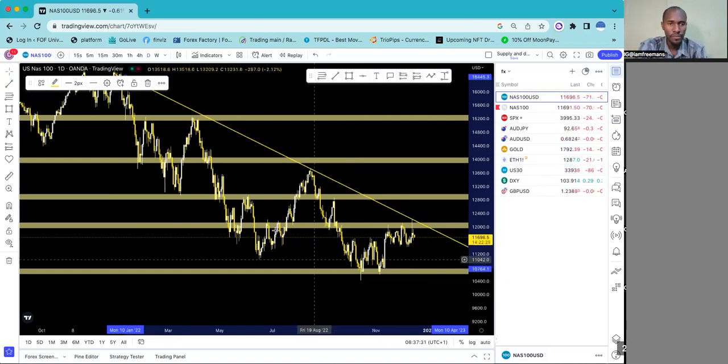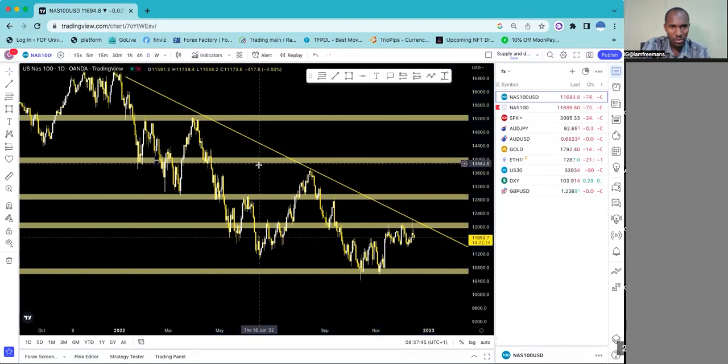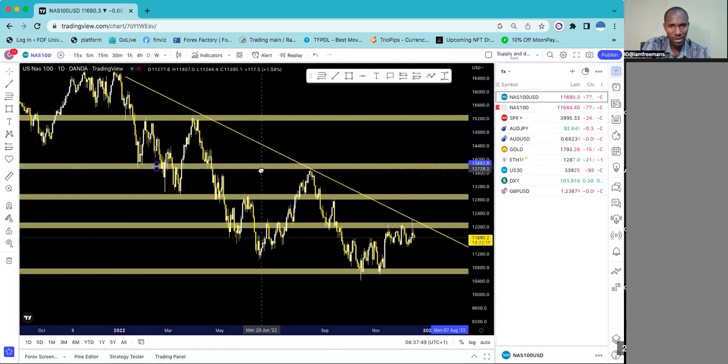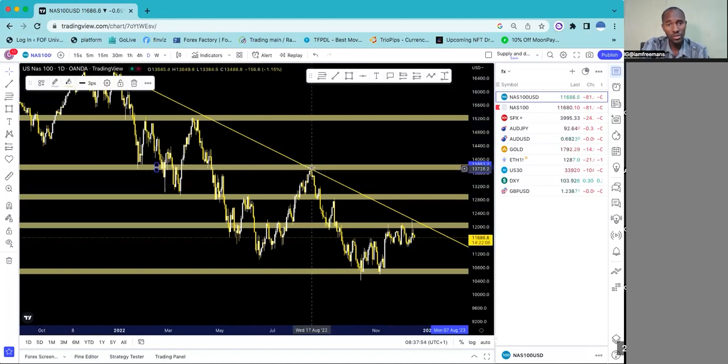All right, you find out that funny enough, what's happening here on my daily time frame, it's pretty aligned. Okay, I can draw this one just because I can. So I can still put this back to accommodate this. This is a very strong zone.